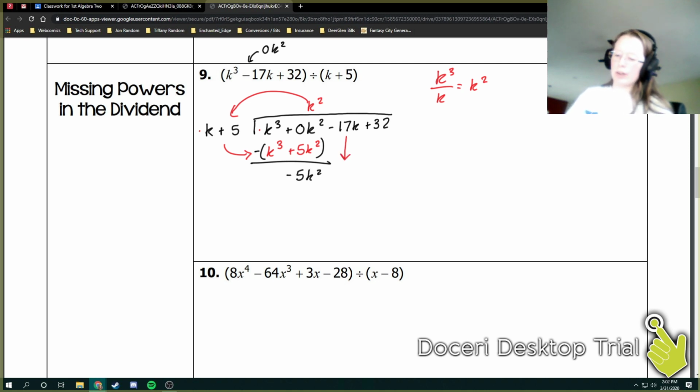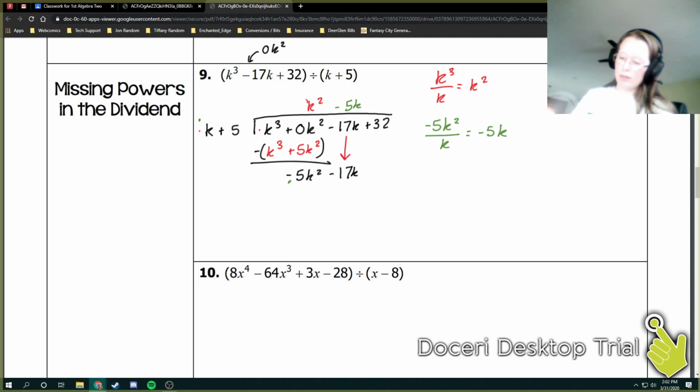And we bring down the next term. First term divided by first term. So that's the next part of my quotient. Take that, multiply it through.